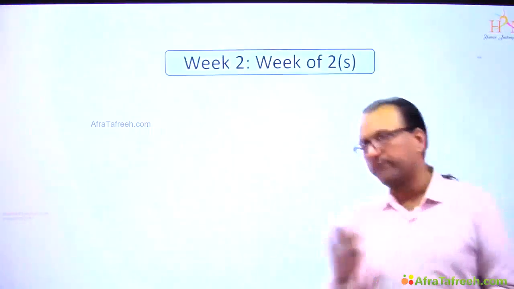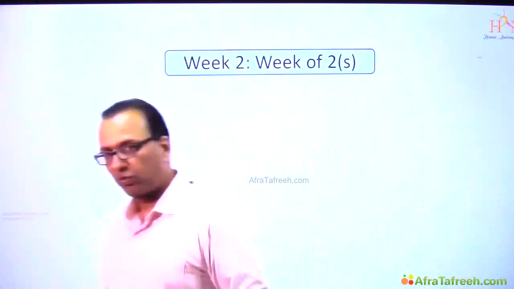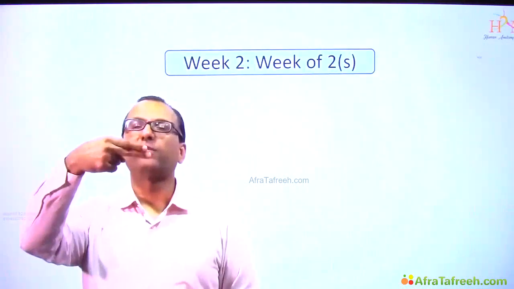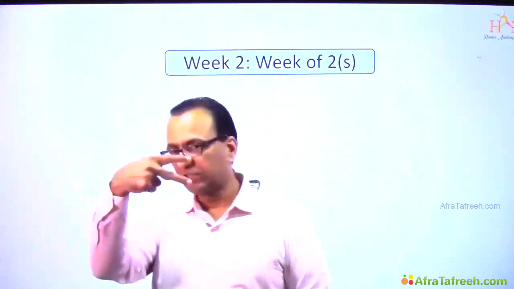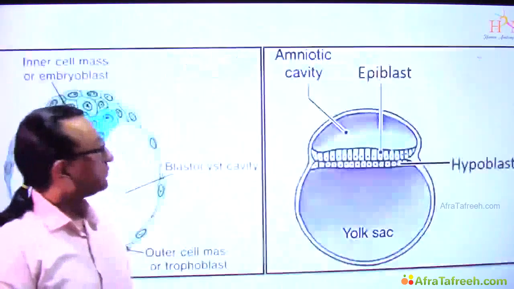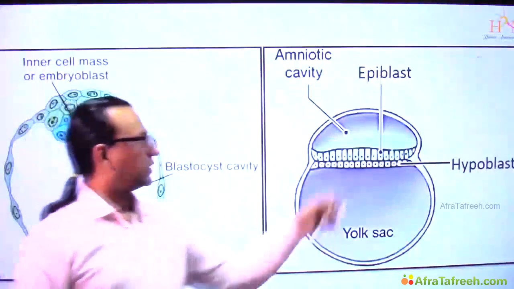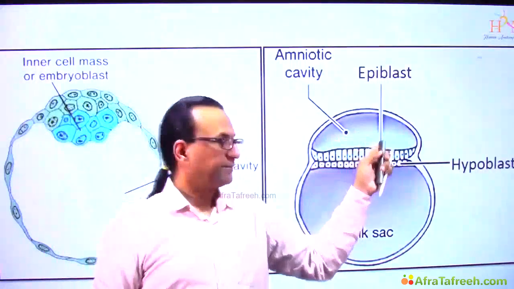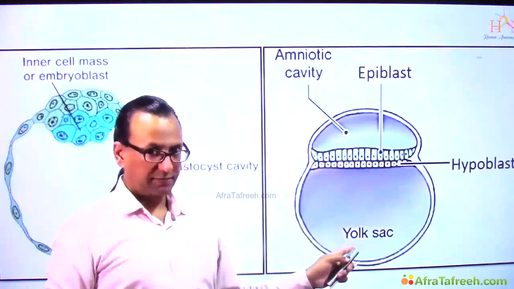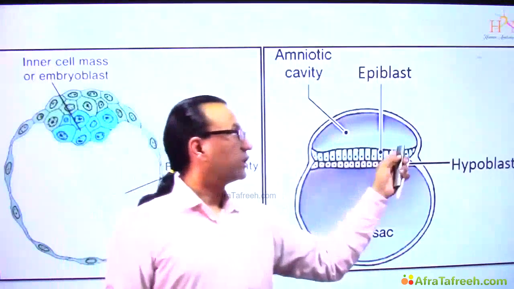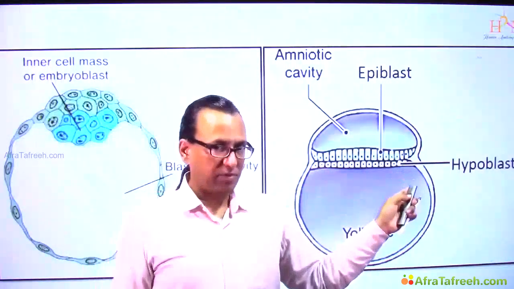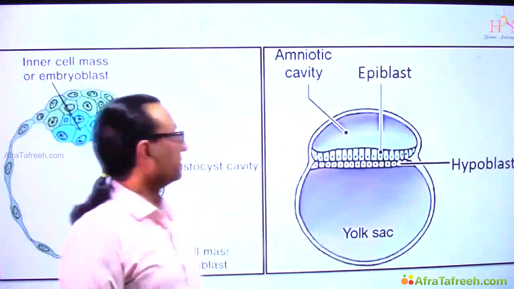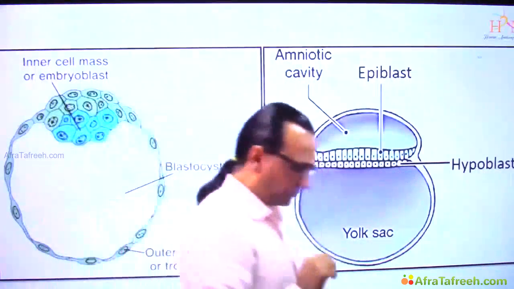Namely, you see here, as we are talking about week number 2, it is the week of 2. There will be two types of trophoblast, two types of embryoblast, and there are two cavities also. What are they? Notice there is a dorsal amniotic cavity and a ventral yolk sac cavity. And the two cells, dorsal epiblast and ventral hypoblast, both of them came from the embryoblast. And what about the trophoblast?